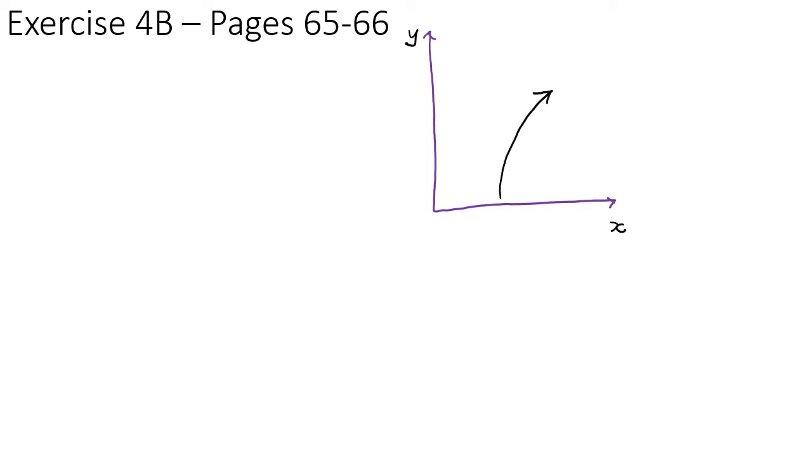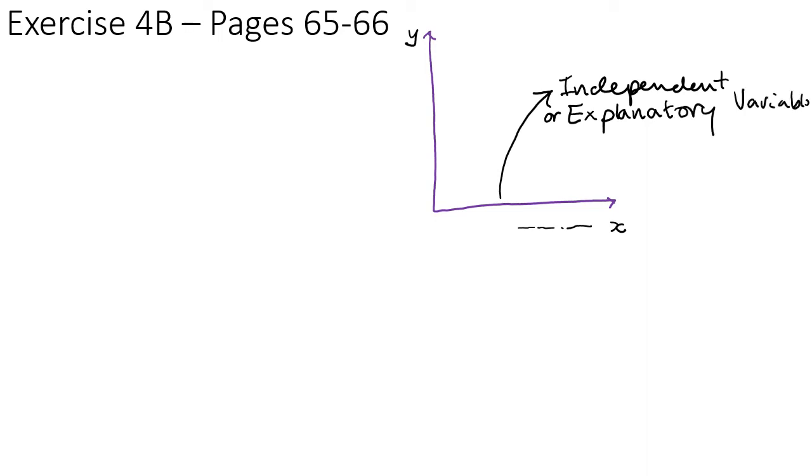Right, the data that we plot on the x-axis, the label that we put on this x-axis, that data is called the independent or explanatory variable. The data that we plot on the y-axis we call the dependent or response variable.